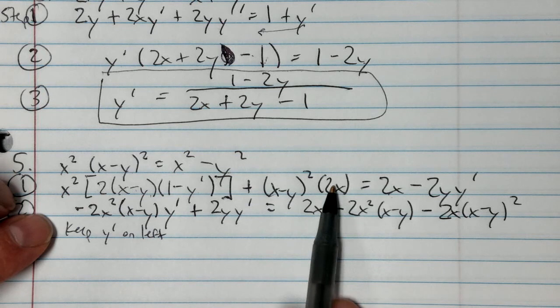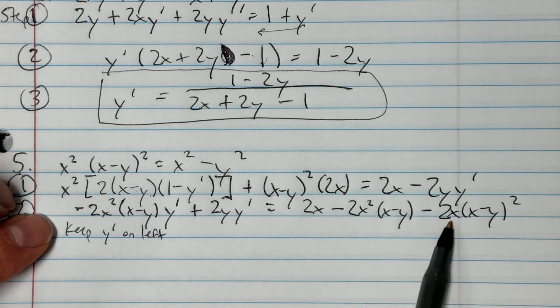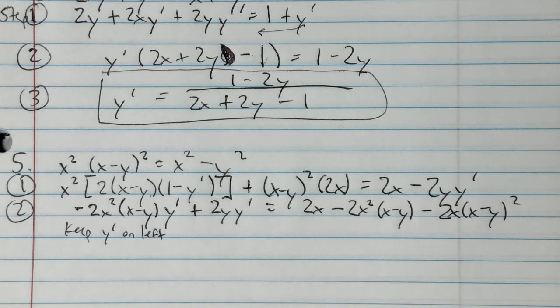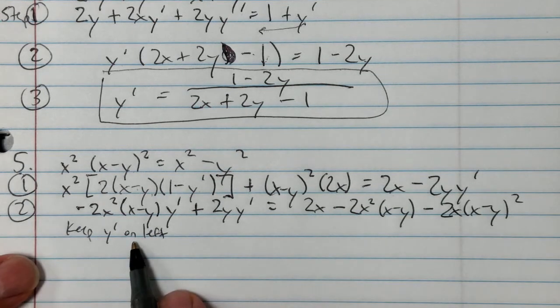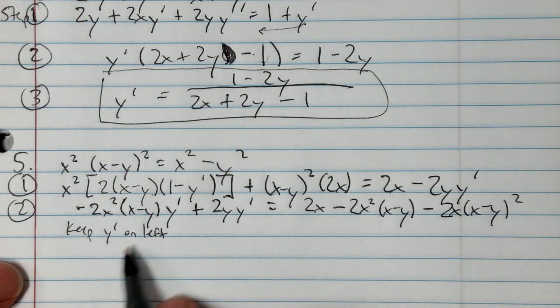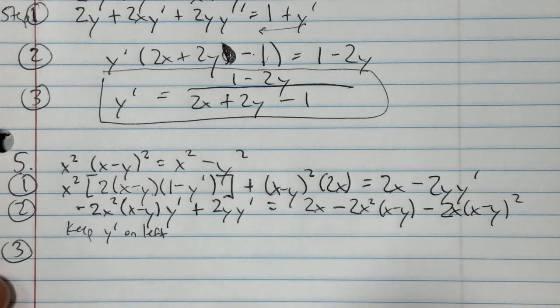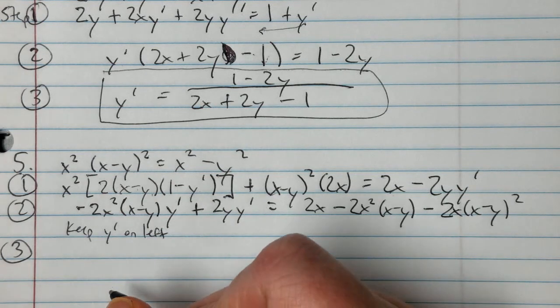So this plus 2x turned into a minus 2x. So again, we needed to keep y prime on the left. From there, factor out your y prime.